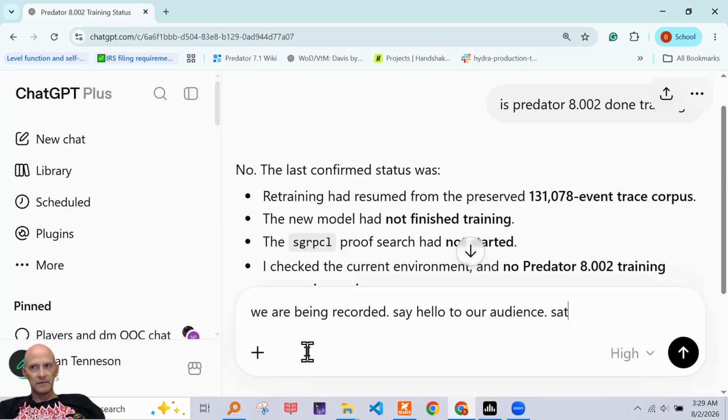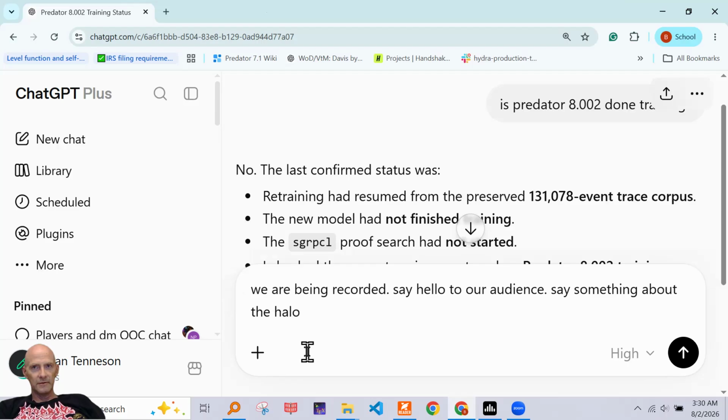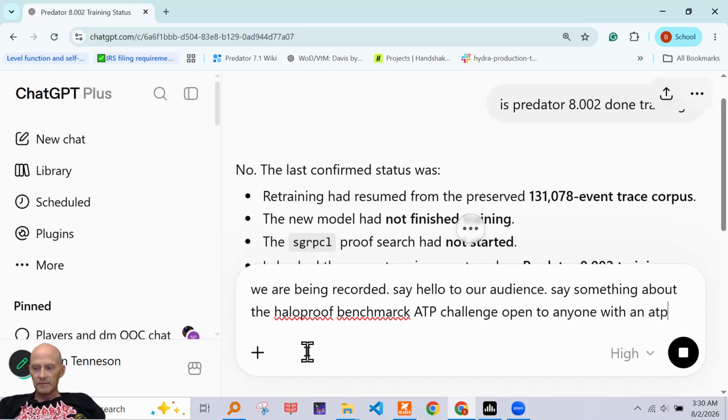Say something about the Halo group benchmark ATP challenge open to anyone with an ATP.